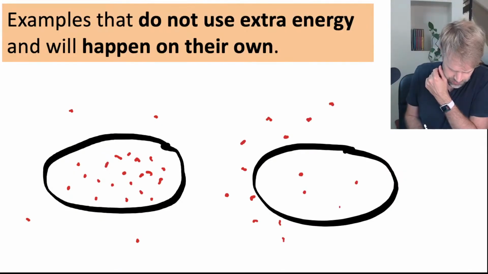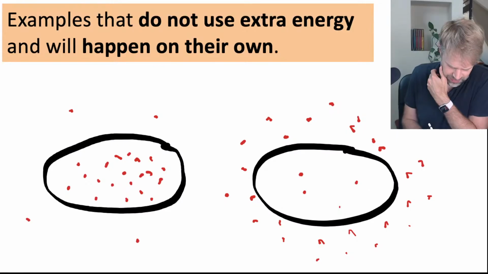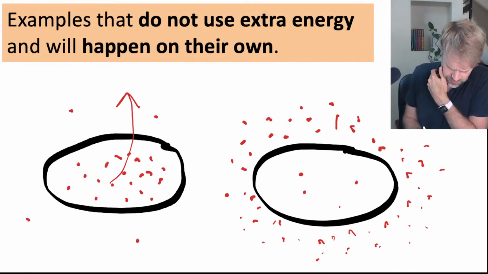So I'm drawing them in right now. On the left here, we have high concentration inside the cell. Going to move out. Over here on the right, we have a high concentration of the little dots outside of the cell. They're going to move in.